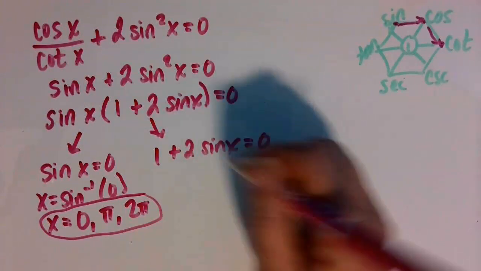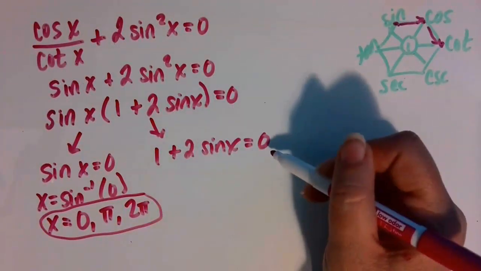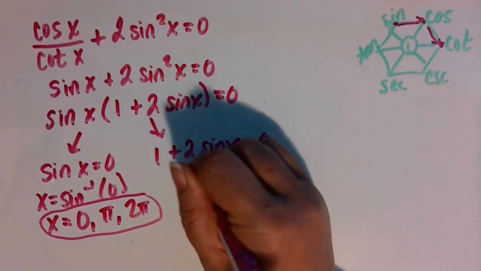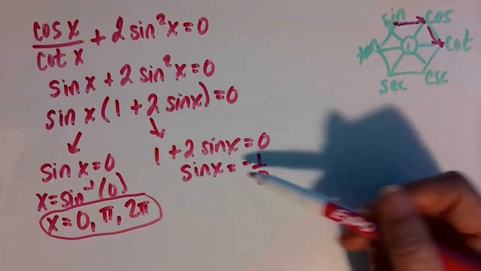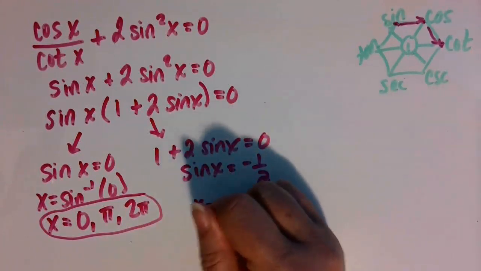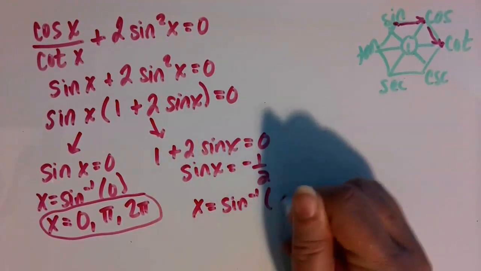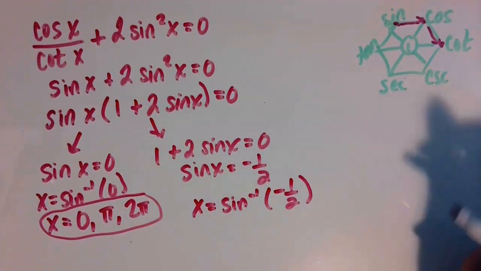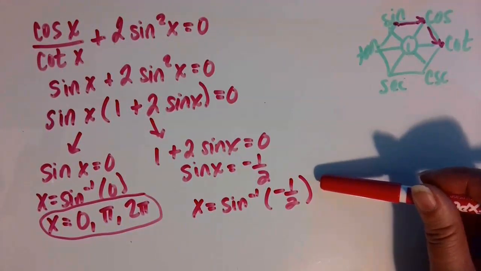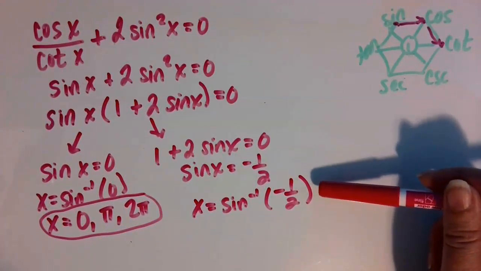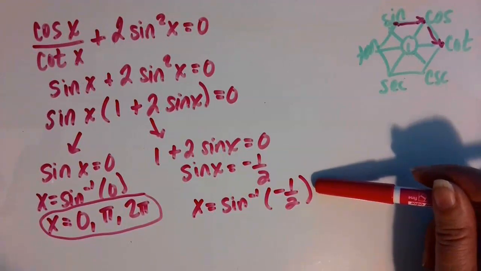And then on this side, we're going to subtract 1, divide by 2, so sine of x is equal to negative 1/2. And again, we'll apply the inverse to both sides, so x is equal to the arc sine of negative 1/2. And that's asking us where on the unit circle, over the interval 0 to 2 pi inclusive, has a y coordinate of negative 1/2.